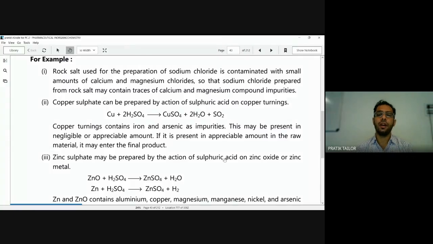So this is how the impurity can be generated from the raw material. Rock salt for the preparation of sodium chloride may be contaminated with a small amount of calcium and magnesium chloride. So sodium chloride prepared from rock salt may contain traces of calcium and magnesium.